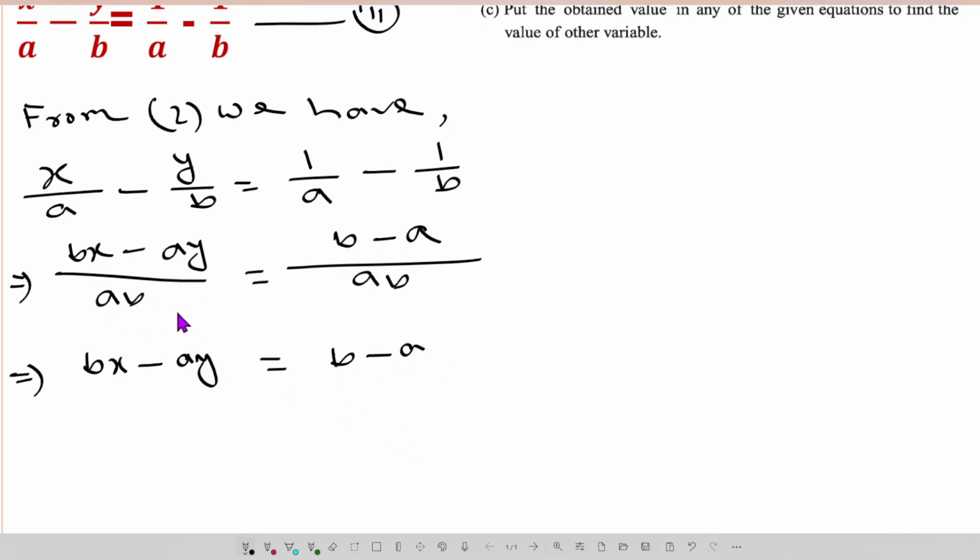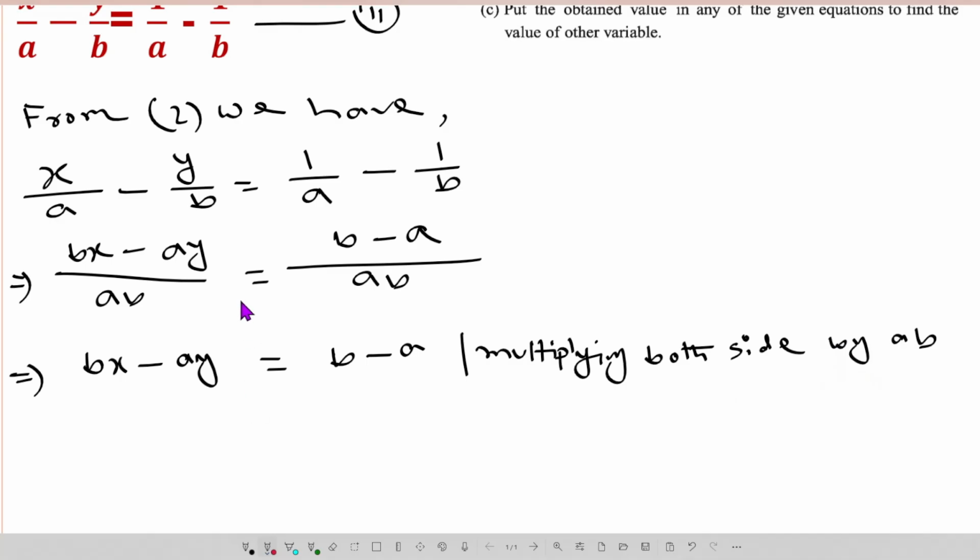It means we are omitting ab. Why? Because we multiply both sides by ab, times ab and times ab. So this ab and this ab cancel out. So here is only bx minus ay equals b minus a, right?